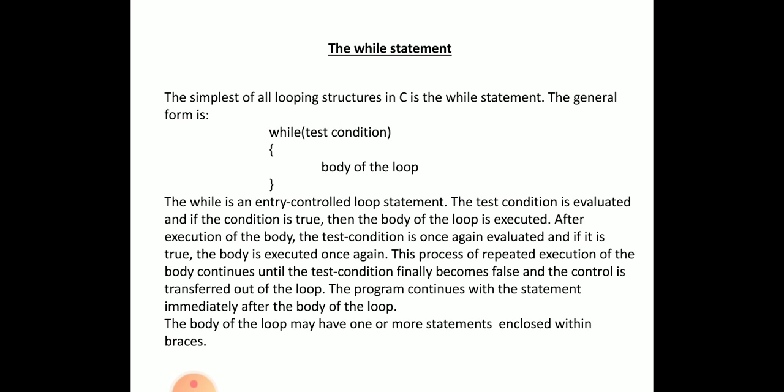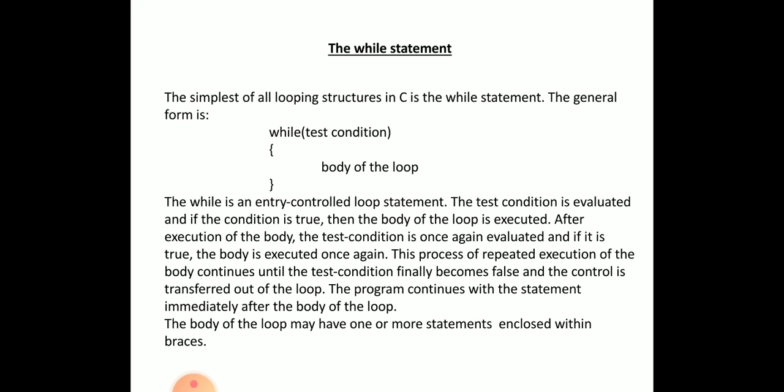On occasions where the exact number of repetitions is known, for example in our program, we know the loop should be executed 10 times, there are more convenient methods of looping in C. These looping capabilities enable us to develop concise programs containing repetitive processes without the use of goto statements.